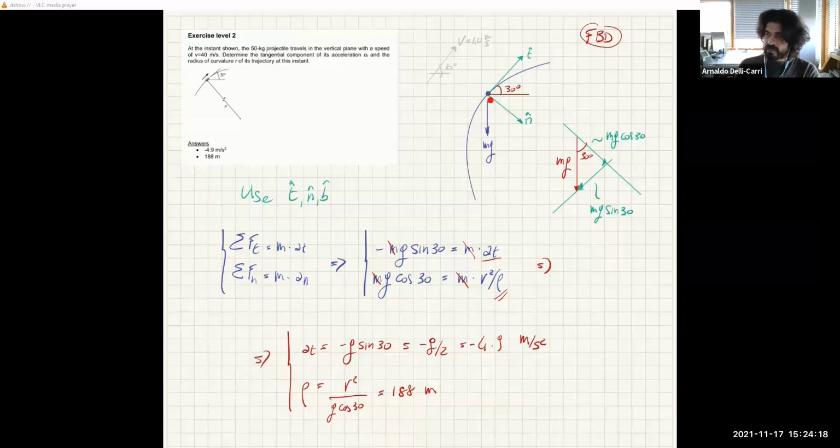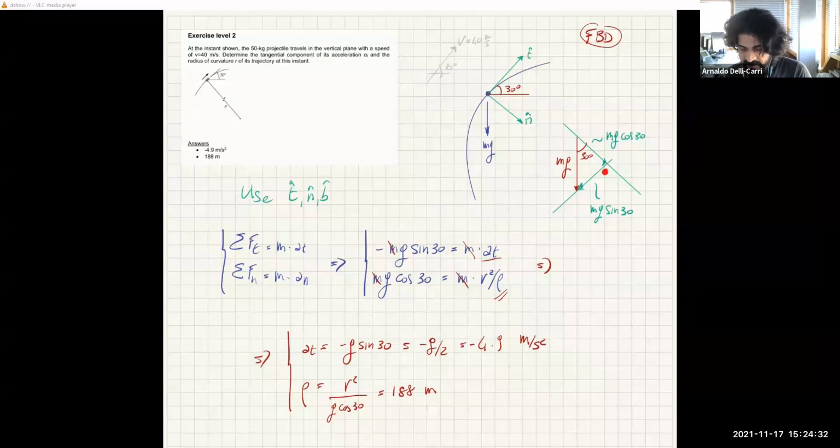Some marks would be docked because you have not found out the full story of this projectile. So make sure you understand this direction here is against t, and so you need the minus sign in the equation, and then it gets translated into a minus sign in the tangential acceleration.